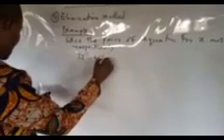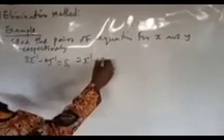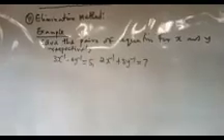And the question is 3x raised to the power minus 1 minus 4y raised to the power minus 1 is equal to 5. And then we have 2x raised to the power minus 1 plus 3y raised to the power minus 1 is equal to 7. So these are the two equations.